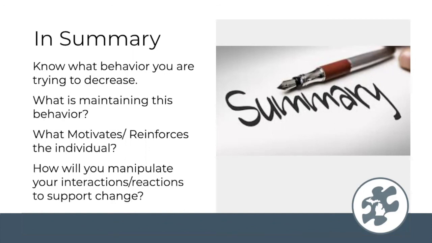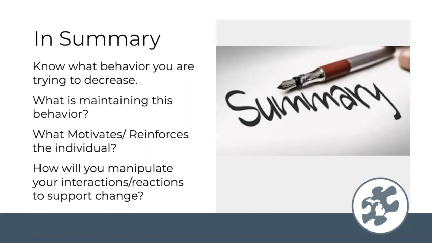So if you're really stumped, the target behavior you're looking at, you're really having a difficult time identifying antecedents and consequences, reach out to behavior analysts in your support team. Autism Alliance of Michigan has wonderful resources for you to access. You can reach out and get some additional assistance with this.